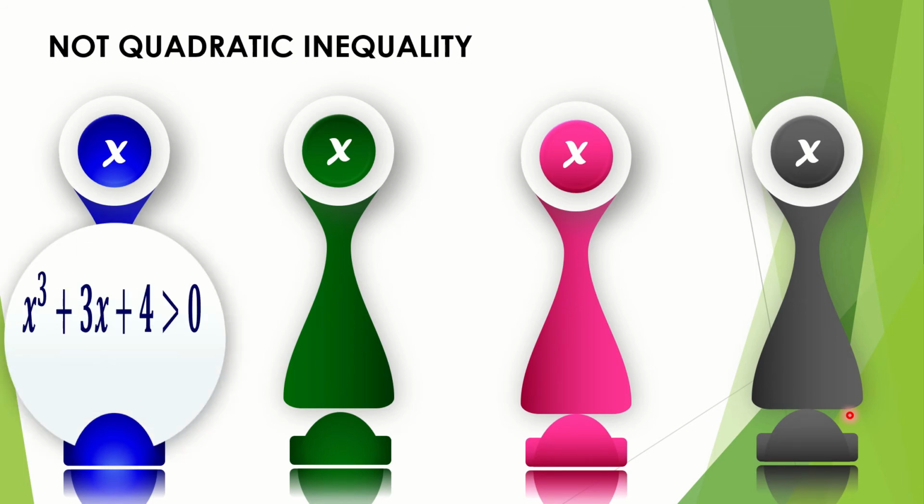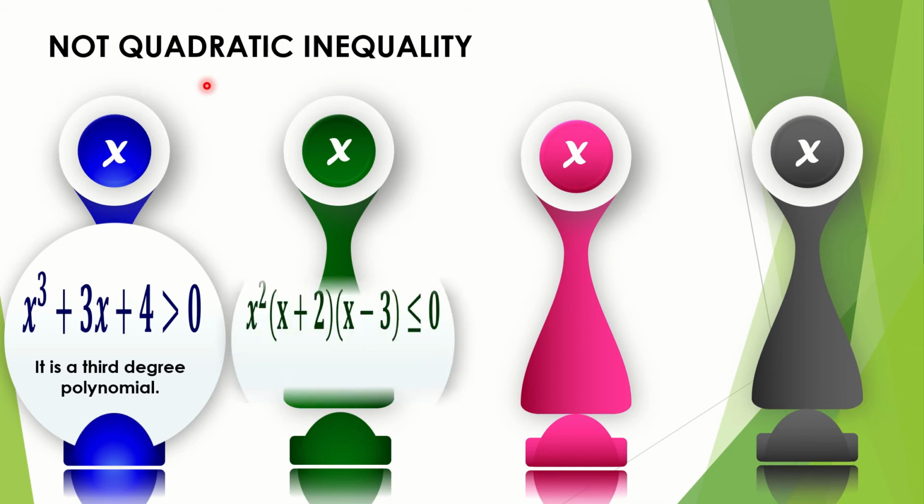First, x cubed plus 3x plus 4 is greater than 0. We will notice that it is a third degree polynomial. That's why it is not a quadratic inequality. Next, x squared times the quantity of x plus 2 times the quantity of x minus 3 is less than or equal to 0.